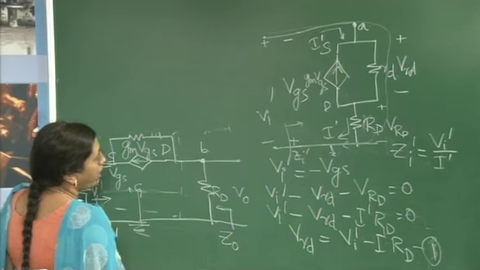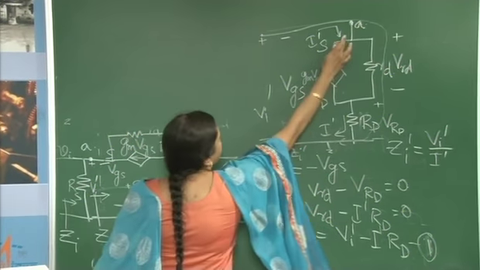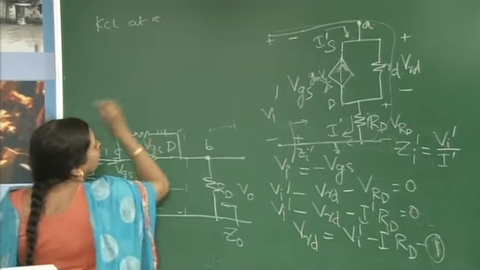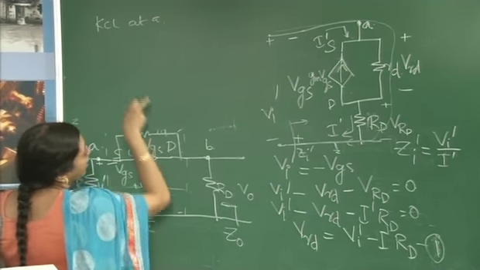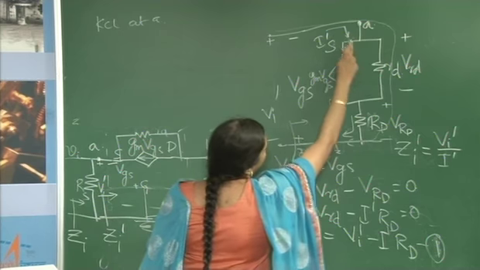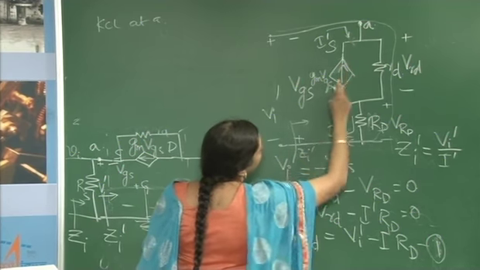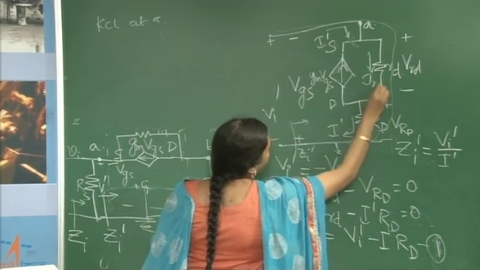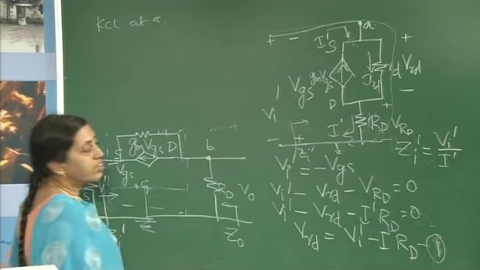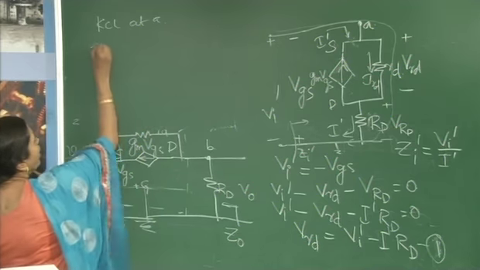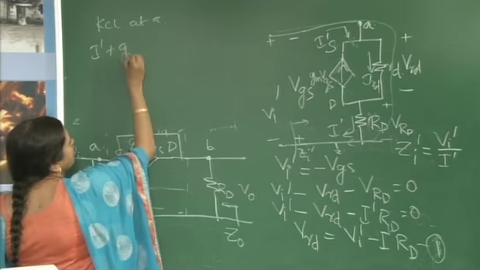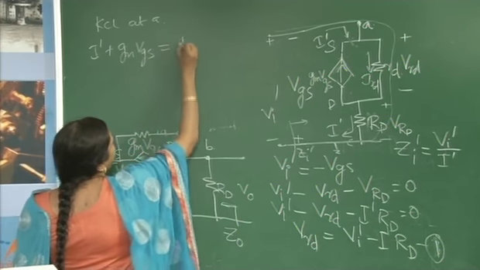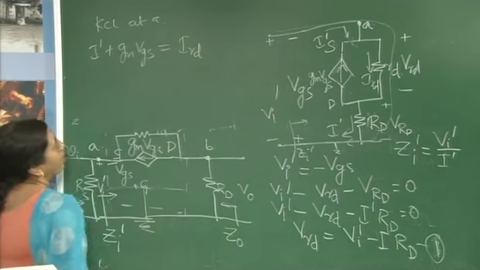Now, I will apply KCL at node A. So, I dash is flowing in and even gm VGS is moving towards A. Only thing is that the current through RD, which I have called IRD, is leaving that terminal. So, I dash and gm VGS will have positive polarity, whereas IRD will have negative polarity.